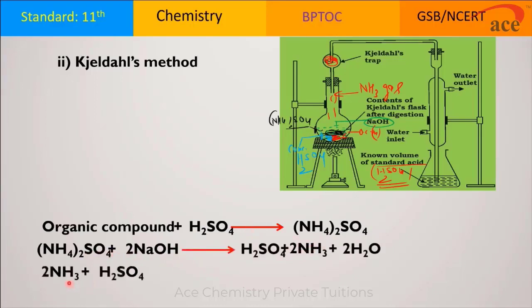Now this ammonia gas is allowed to react with the known volume of excess sulfuric acid, and from there the amount of acid which is reacted and non-reacted is determined, and that non-reacted sulfuric acid is again allowed to titrate with what? Sodium hydroxide. That is the third part of the experiment.